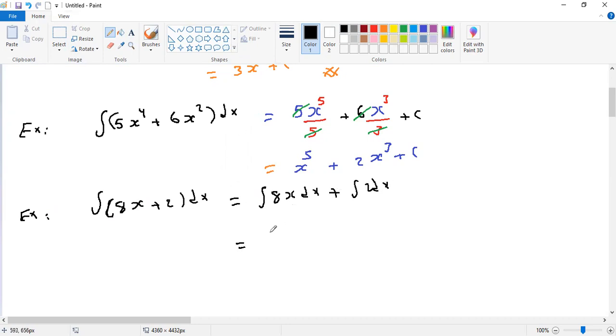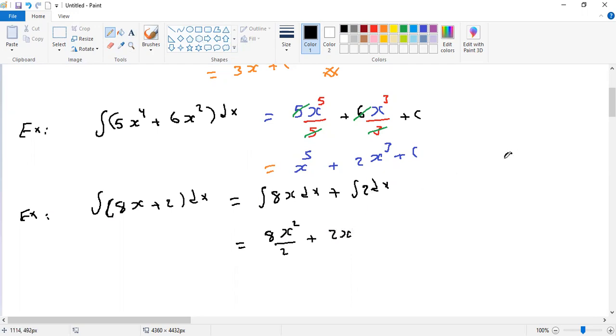The first one is 8x, n plus 1, 2 over 2, plus 2. What is the integral of 2? The integral of 2 is 2x.